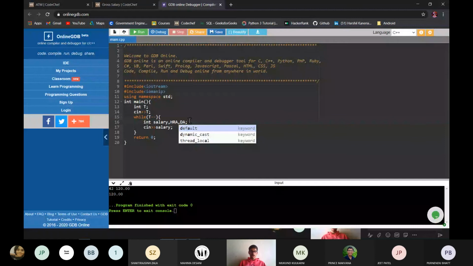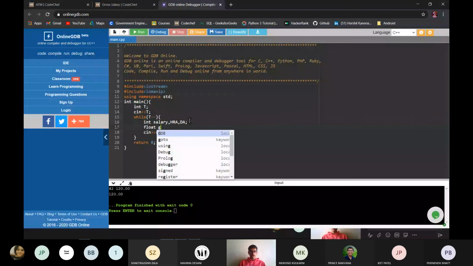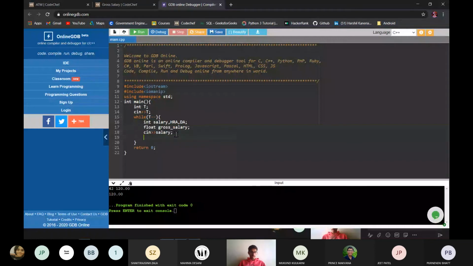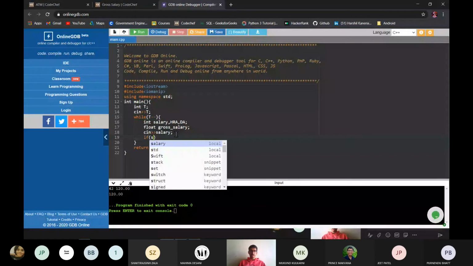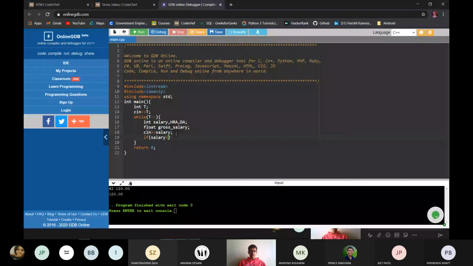So we initialize one float variable, gross salary, here, and let us put the if else condition. As per the problem statement, if salary is less than 1500, then gross salary should be salary plus HRA plus DA.